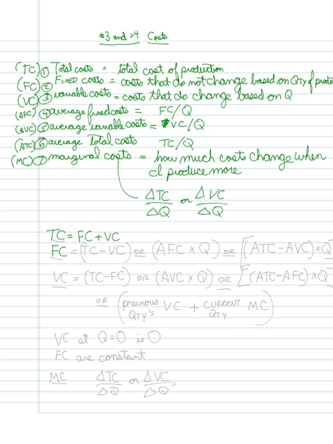Alternatively, we could say that fixed costs equal total cost minus variable costs, or that it equals average fixed costs times the quantity, or that it equals your average total cost minus your average variable costs times your quantity.